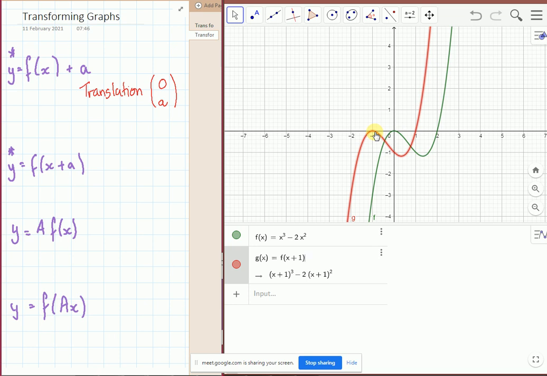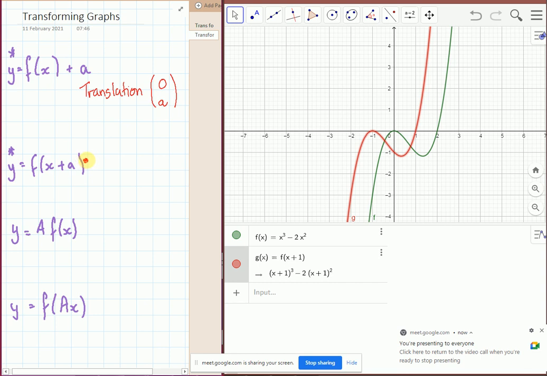What does that do to my value when I try writing it as a translation? Because we can see it's a translation. What happened? What would I say about my value a? What's happened to it? It moved left.